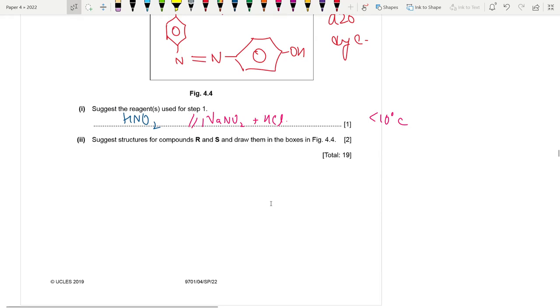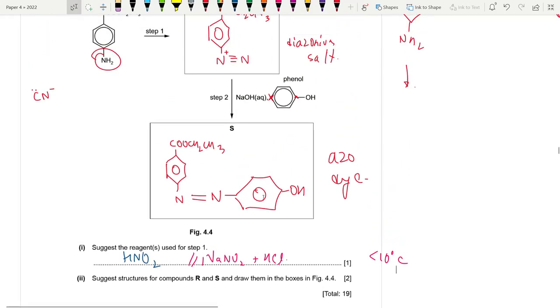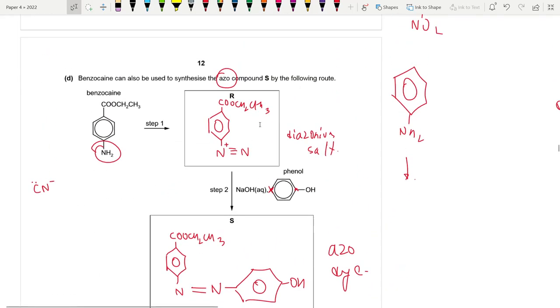So you could opt for 5 degrees Celsius or something, okay? Then you're going to get this diazonium salt, right? This group, N triple bond N, and the plus will be at the nitrogen attached to the ring. This is called the diazonium salt.